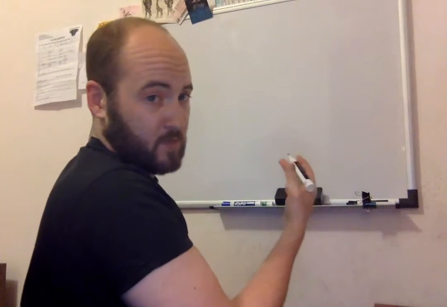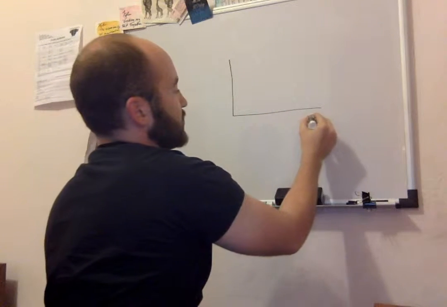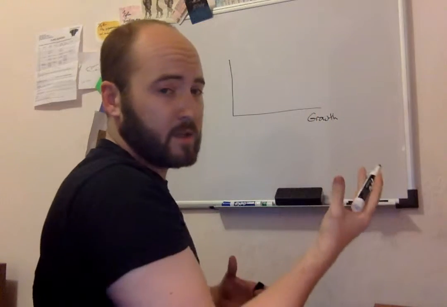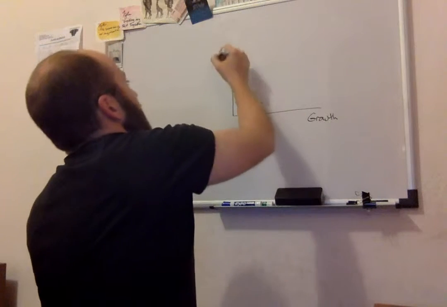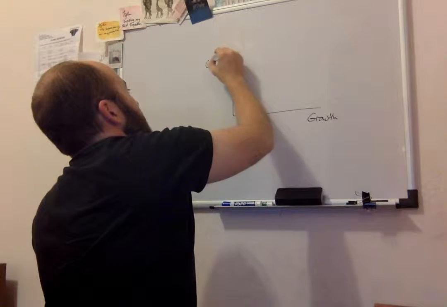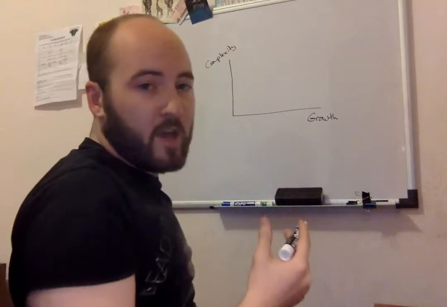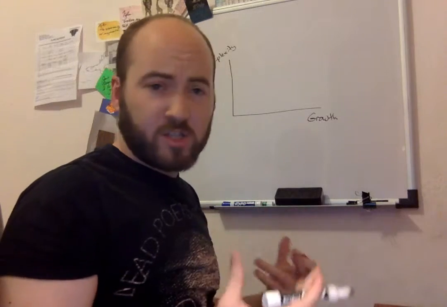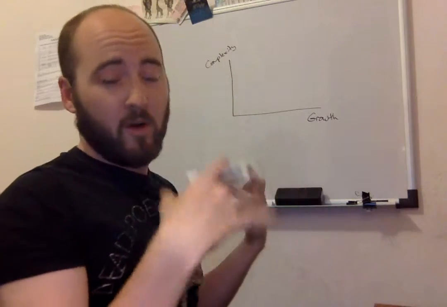So say you have an organization like ours, and it has a relationship between its growth, as the entire company grows in size, scale, and revenue, and its complexity. As an organization grows, it adds new things: process, legal, HR, terms and conditions, all of these things.